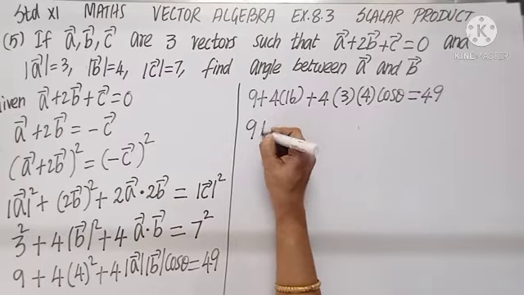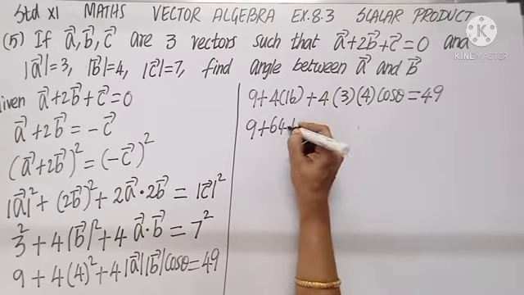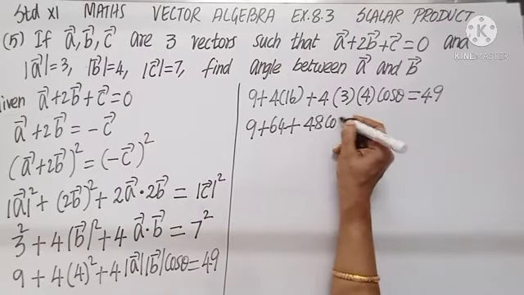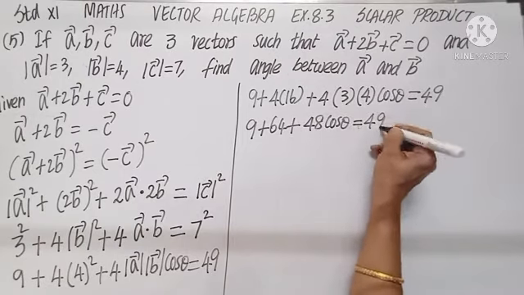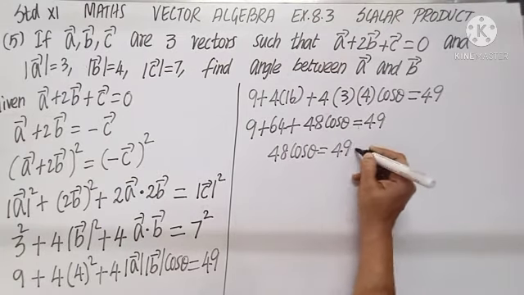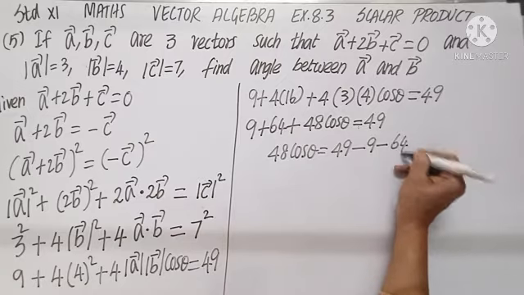Simplifying, 9 plus 64 plus 4 4s are 16 into 3. 48 cos theta is 49, or 48 cos theta is 49 minus 9 minus 64.